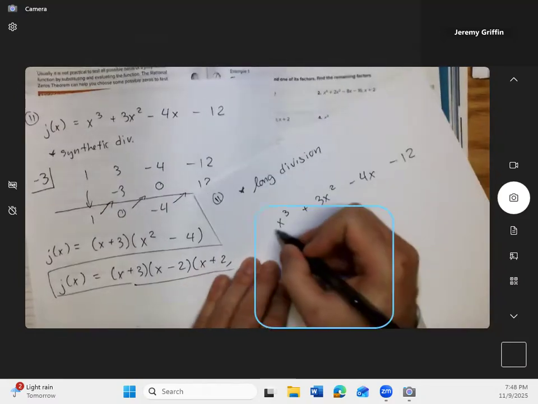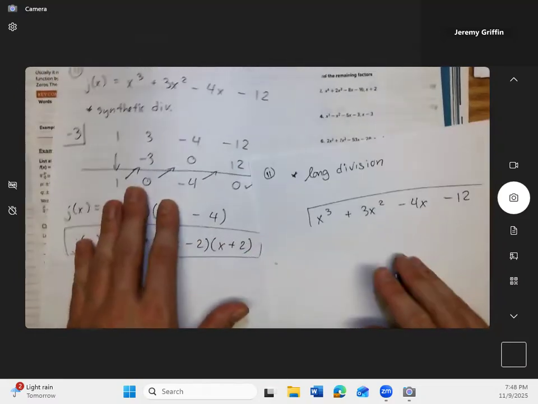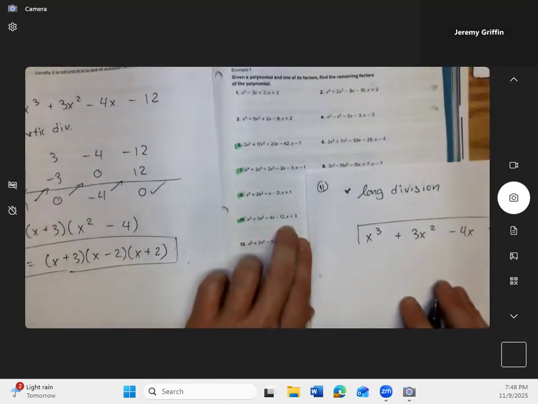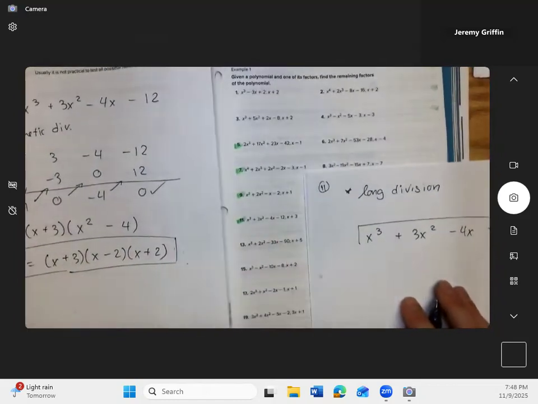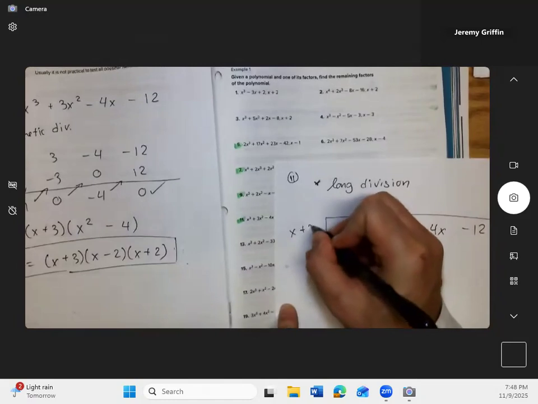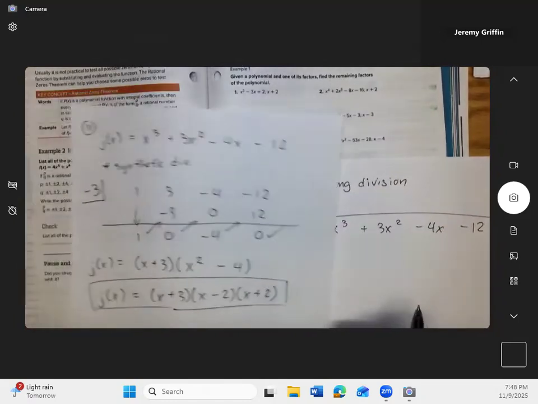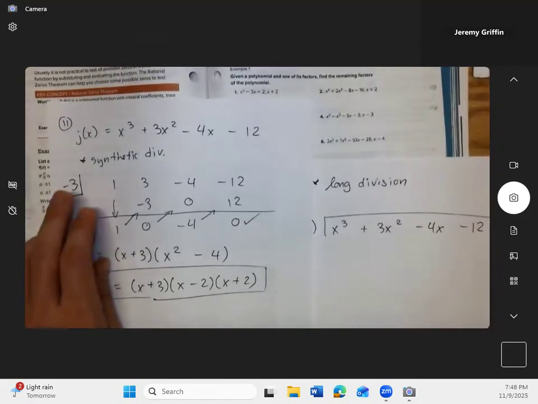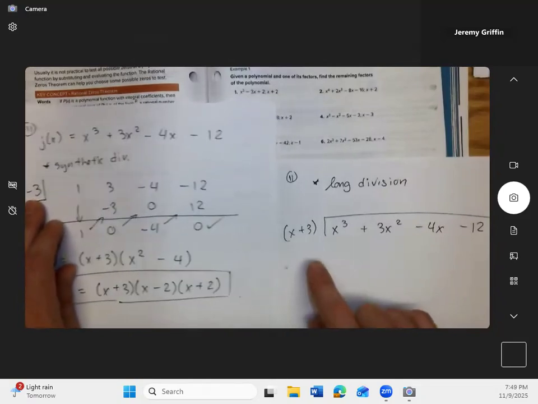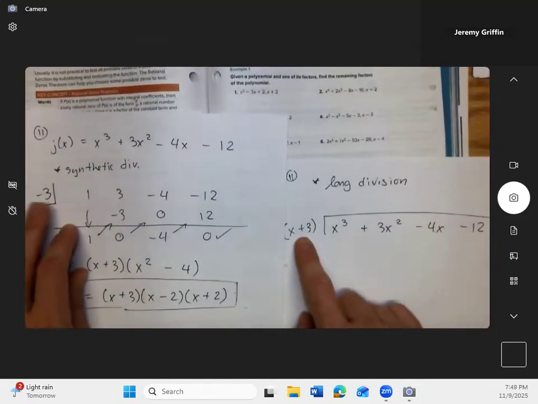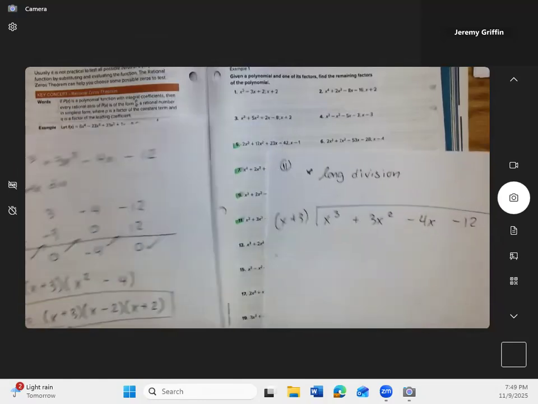And I'm dividing that by, now they did suggest the first term to factor out, which is x plus 3. Remember, the synthetic division version, it's like x minus a, you put the a in this box. But with the long division, you write out the whole binomial. So this kind of takes the place of this. Right? Same thing. There you go.